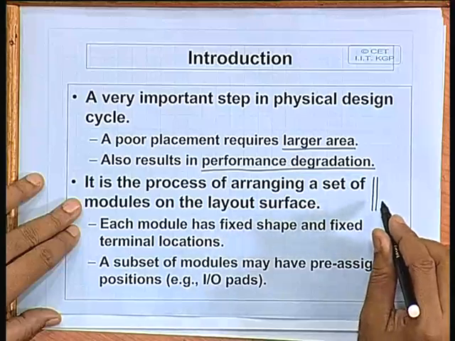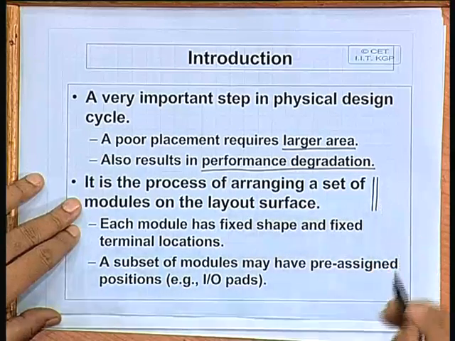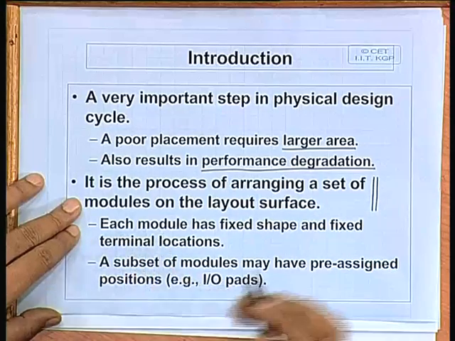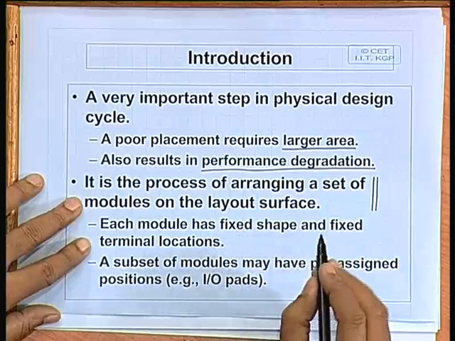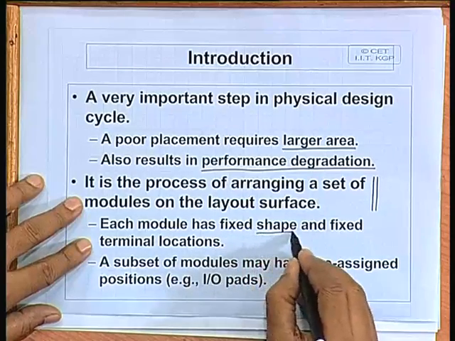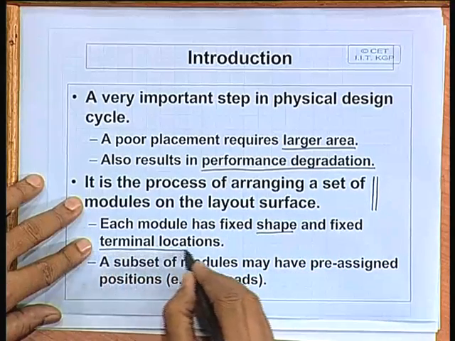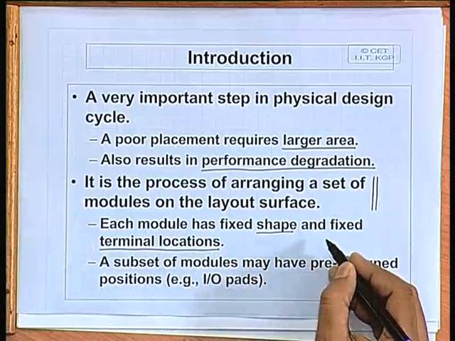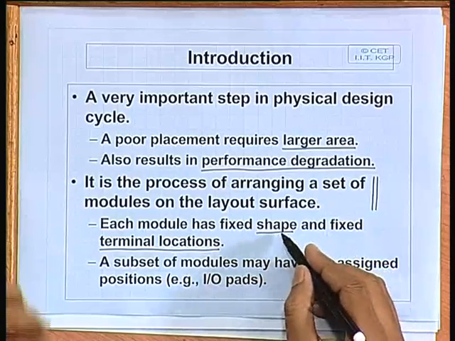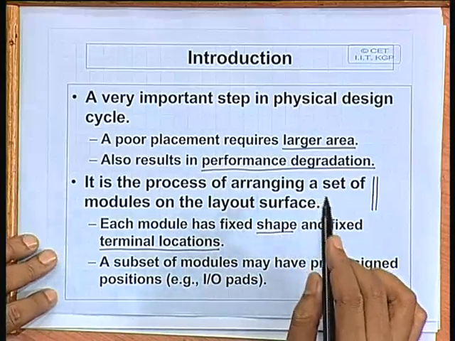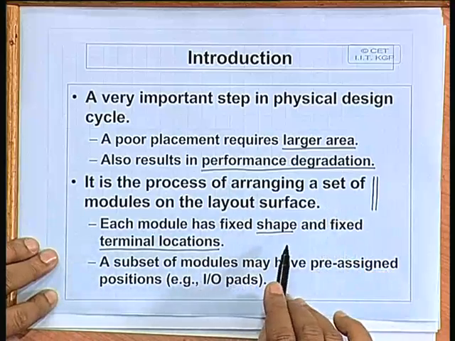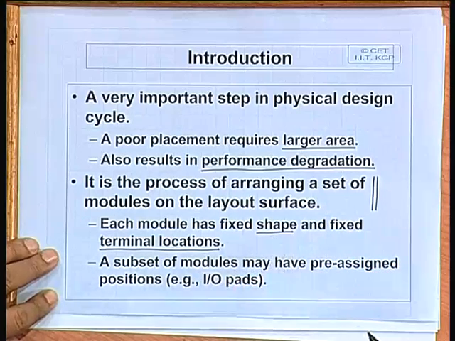Now, at the level of placement, unlike floor planning, we assume that all the modules have already been finalized in terms of their shapes and in terms of their terminal locations. In floor planning some of the modules may also be flexible, but at the level of placement, they are all fixed.